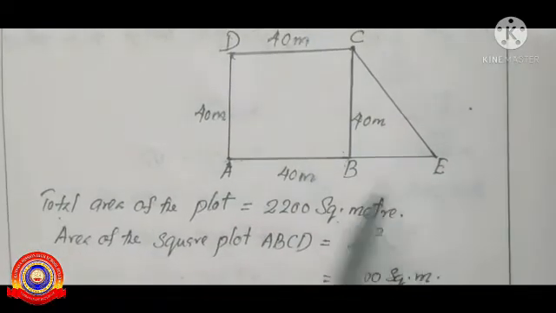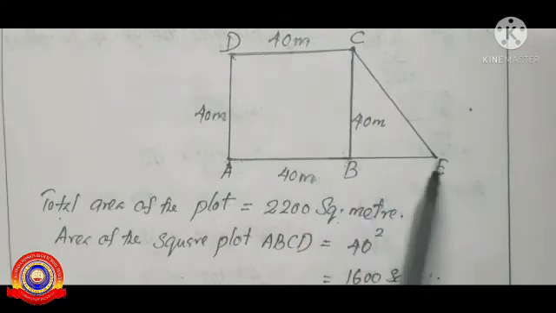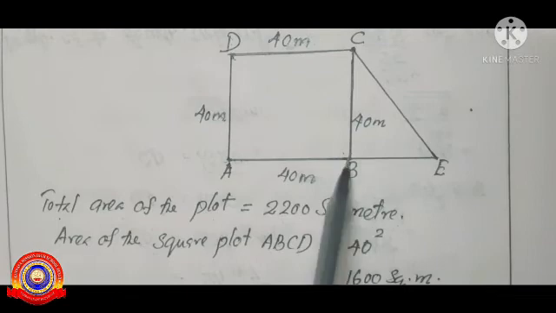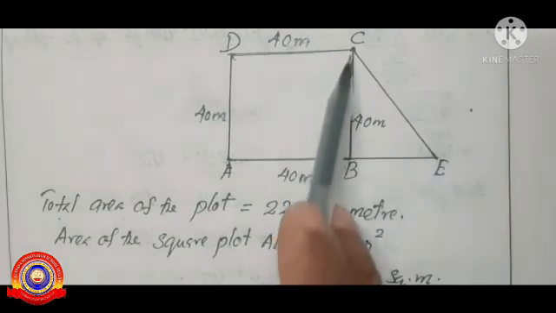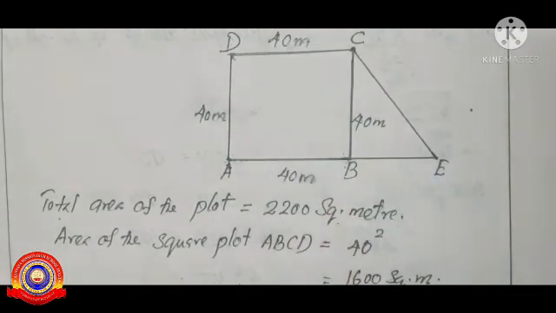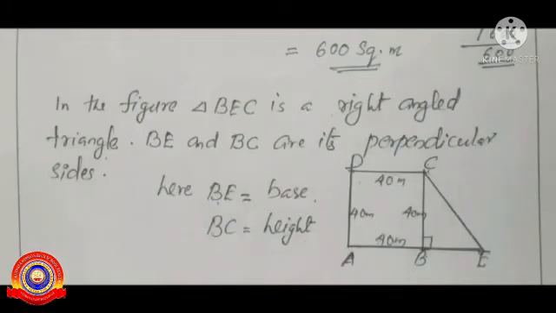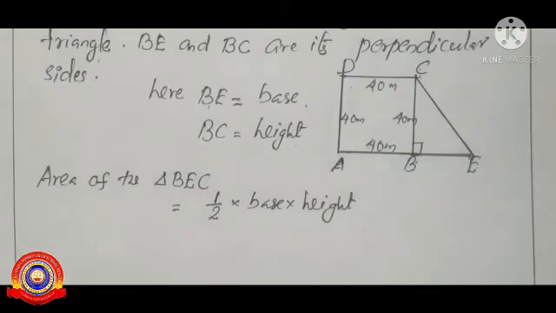Next we have to find the length of BE. In the figure, triangle BEC is a right-angled triangle. Here, BE and BC are its perpendicular sides. Here, BE is the base and BC is the height. We know that area of a right-angled triangle is half into base into height.